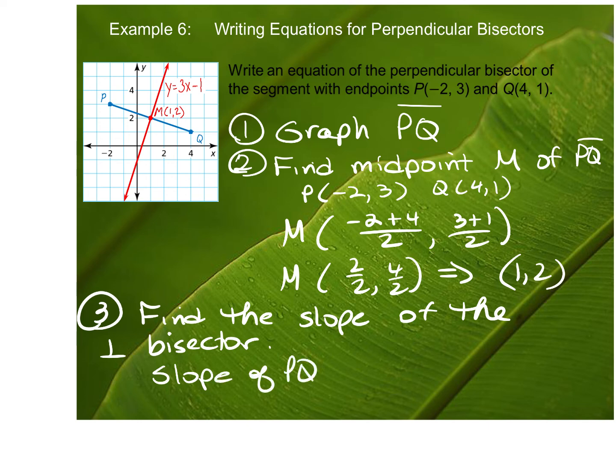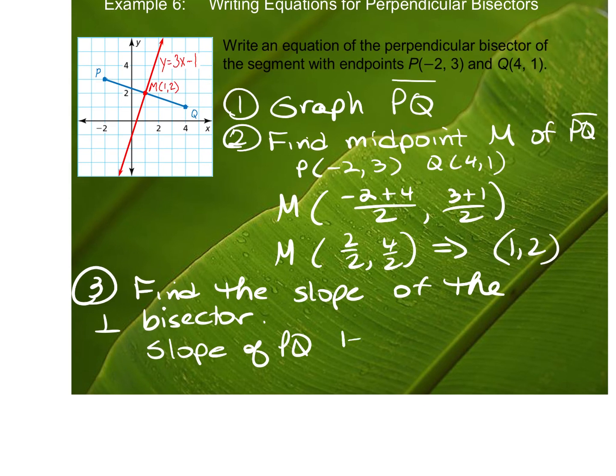And remember your slope formula, you subtract the y's on the numerator and subtract the x's in the denominator. So same two ordered pairs. So I'm going to do 1 minus 3 over 4 minus negative 2. And then I get negative 2 over 6, which simplifies to negative 1/3.